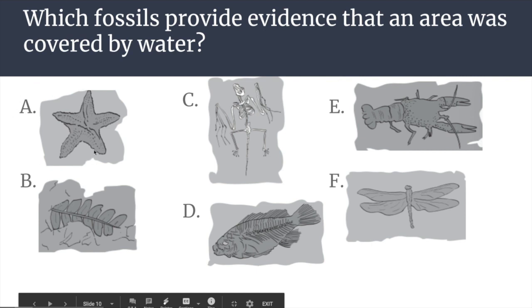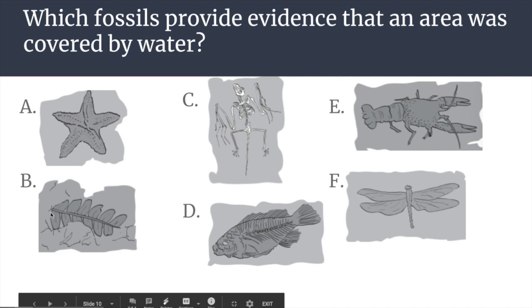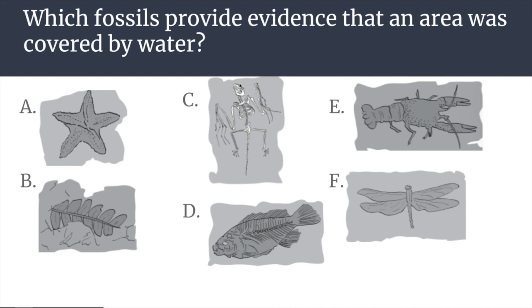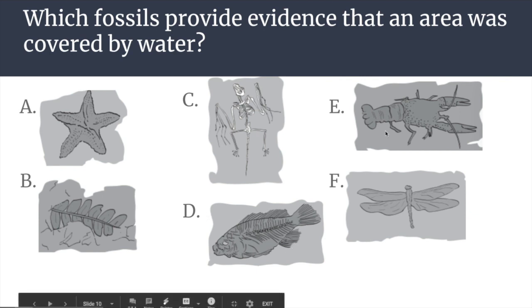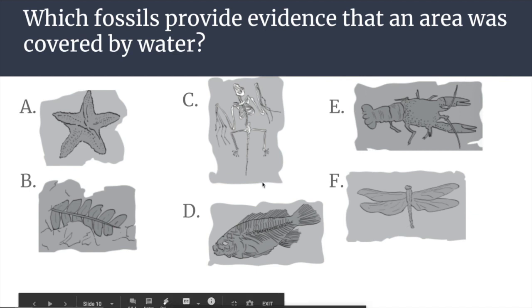Is it A, the starfish, B, this fern, C, the skeleton of a dinosaur, D, this fish, E, this imprint of what seems like a lobster, or F, this dragonfly imprint? Pick the letters on Edpuzzle that match the pictures on this slide.